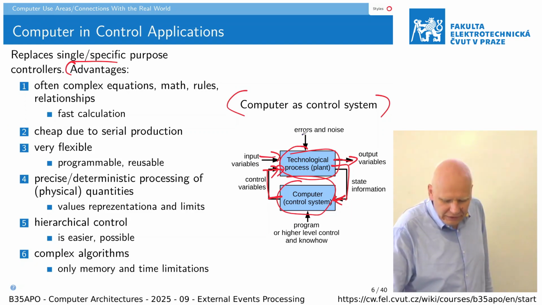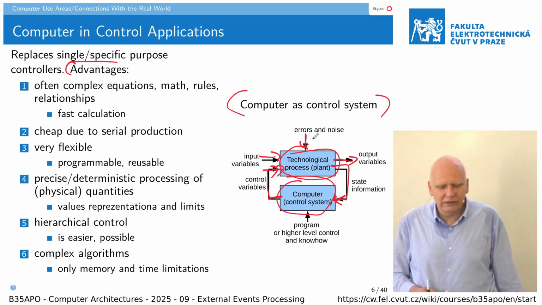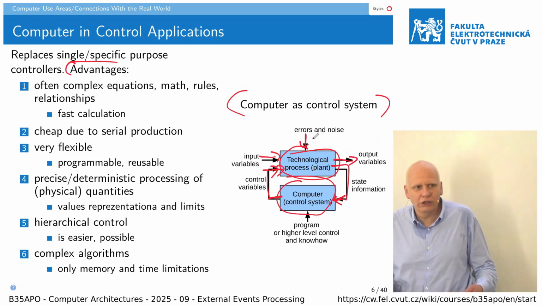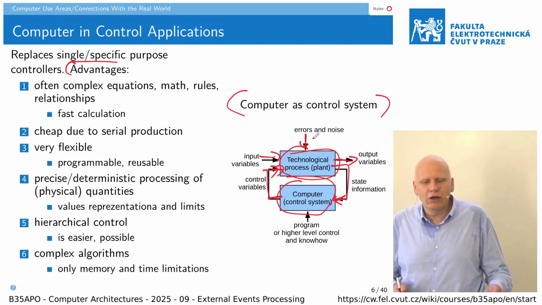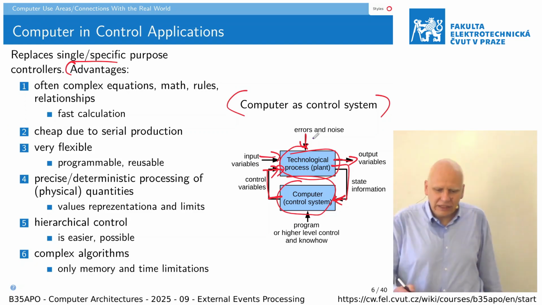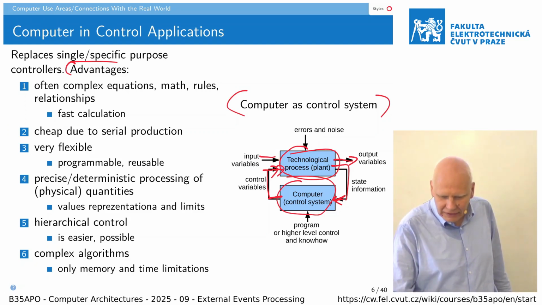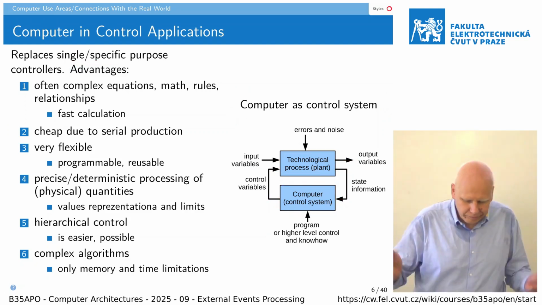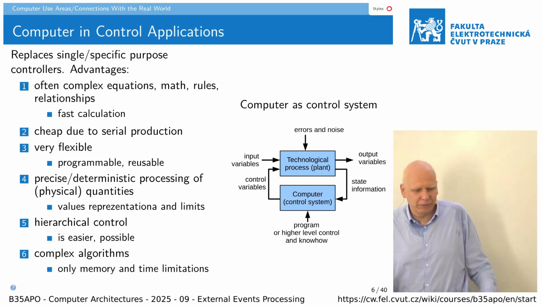And then we have a lot of external errors and noise, which can be errors in all the sensors and measurement devices and so on. But it can be even the wind blow and then all other possibilities.